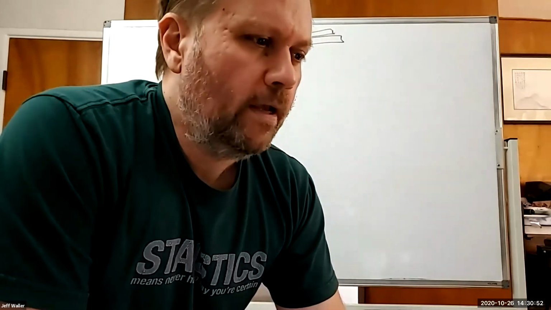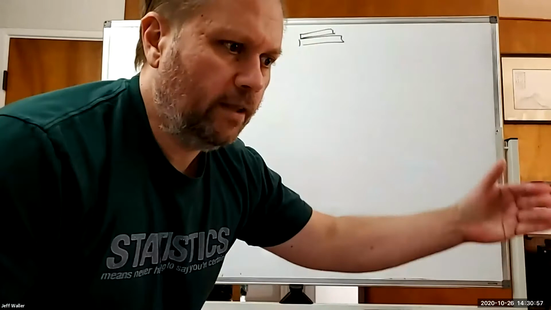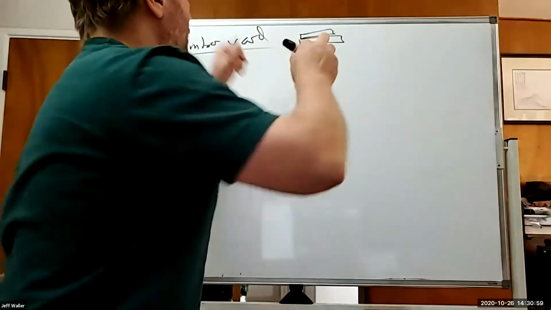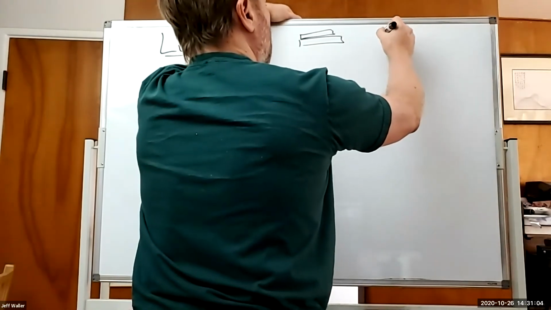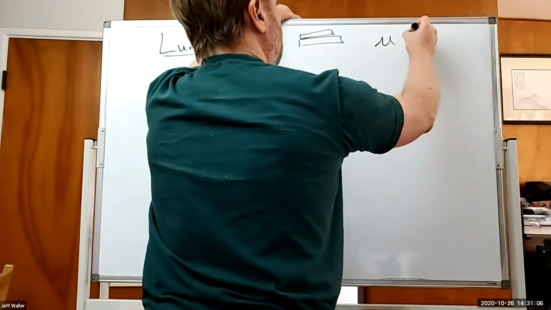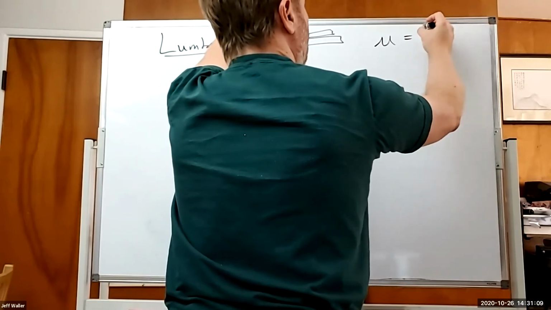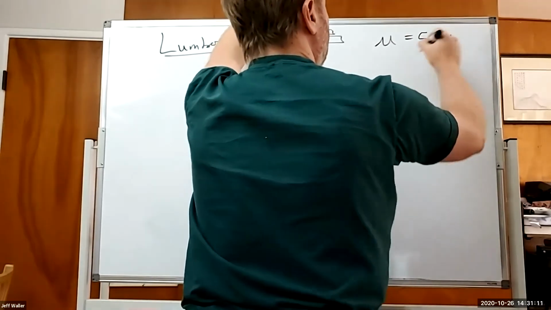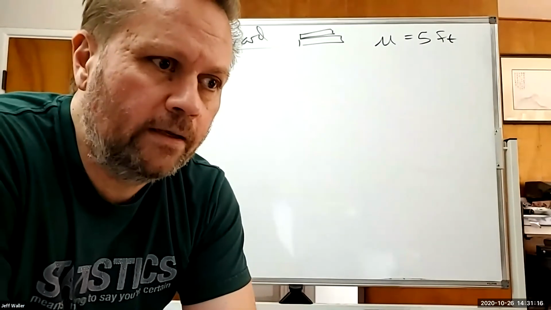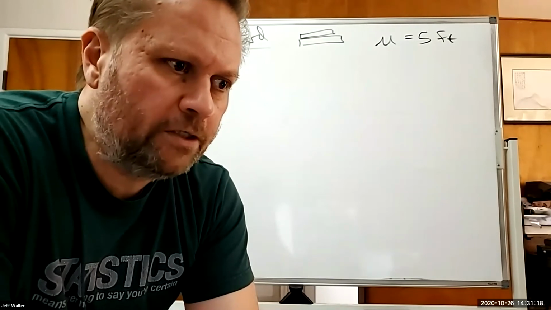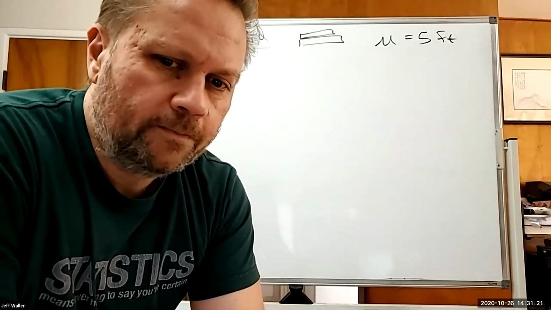They don't have these big old machines doing this, so it might not be as perfect. And I want to buy a stack of wood, and they tell me that, oh yeah, the average length of all their pieces is, I don't know, doesn't matter, Jeff, 5 feet. So that's a claim that they've made. They claim that their average is 5 feet.